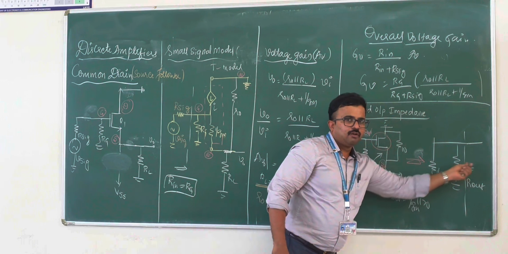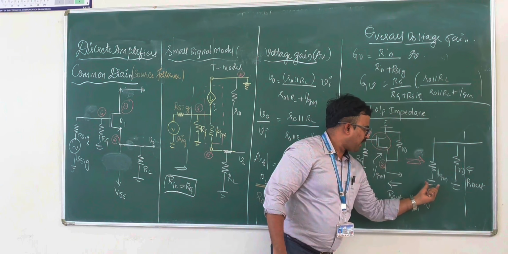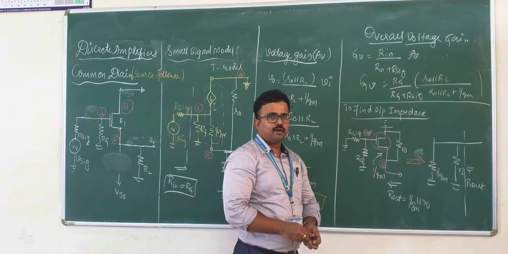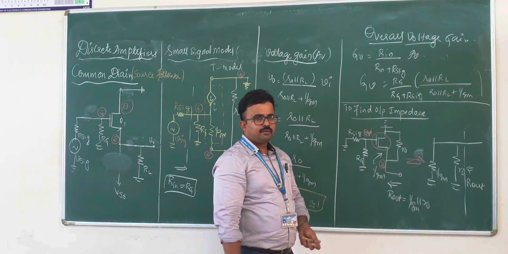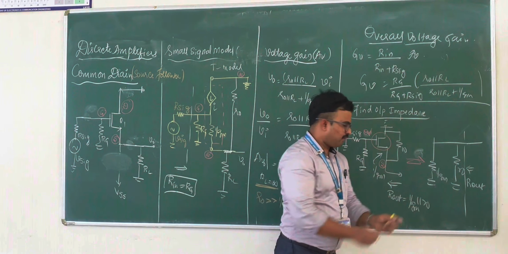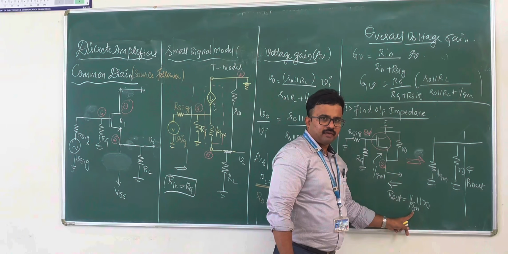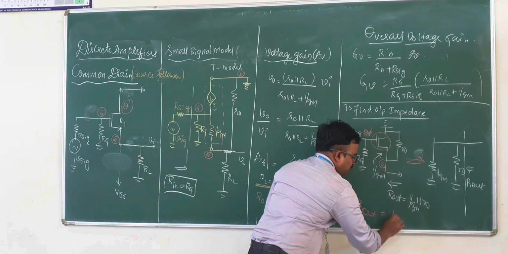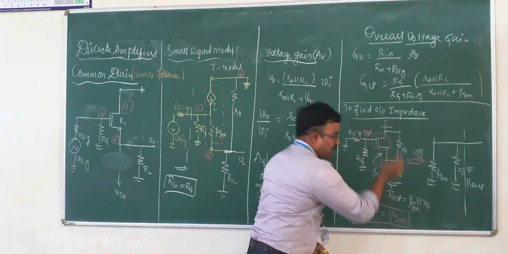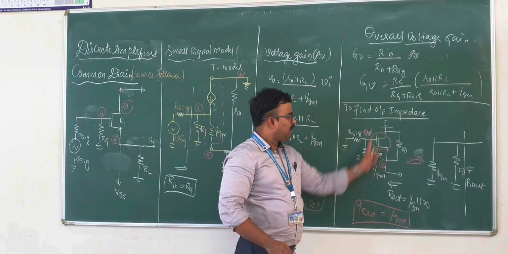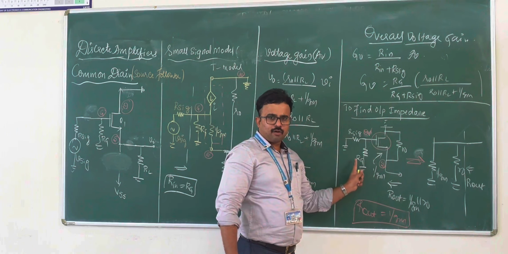So finally I can write Rout is equal to 1 by gm parallel R0. Whenever you have two resistors in parallel, the equivalent resistance tends to the lower one. Usually 1 by gm is very low, so Rout of a common drain amplifier tends to become 1 by gm if R0 is very high. This is the only change to be followed to find the output impedance.